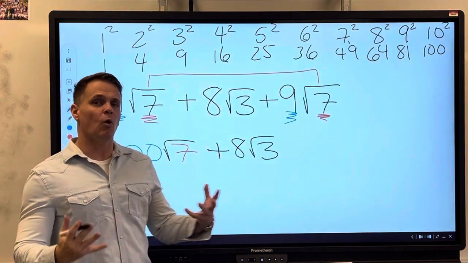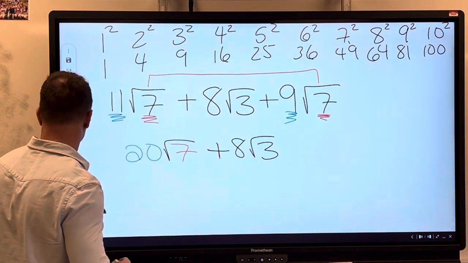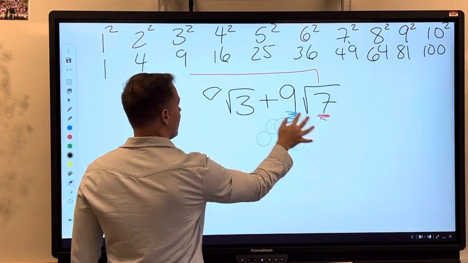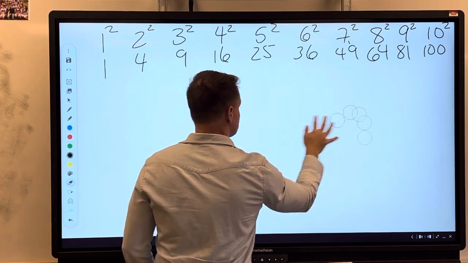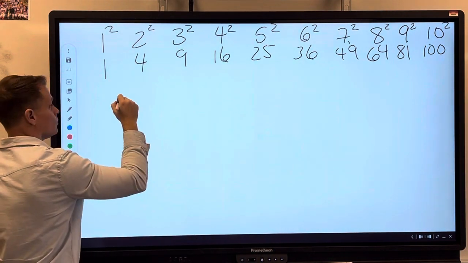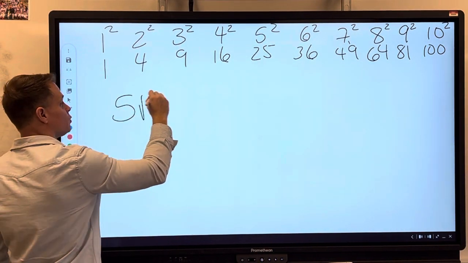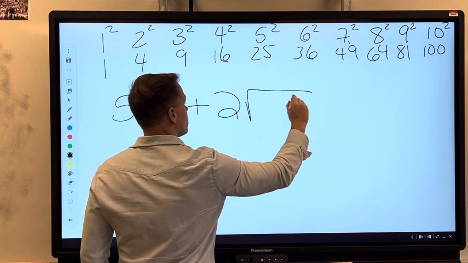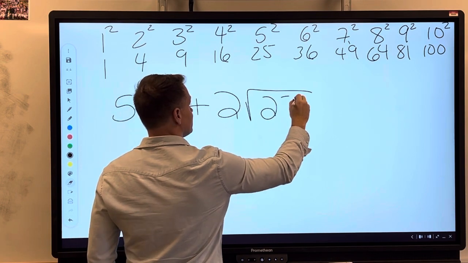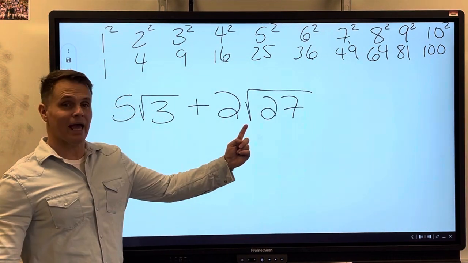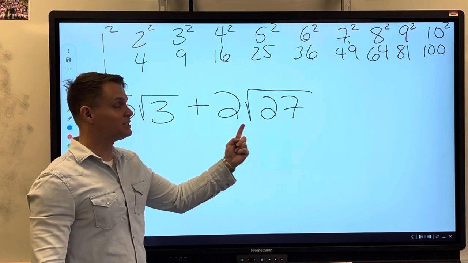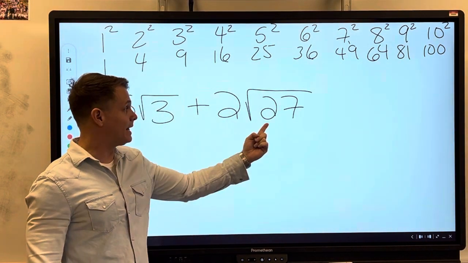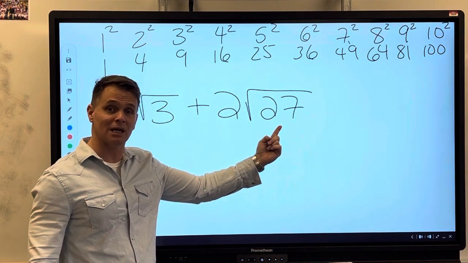Now to make this even more complicated, let's say now that we have inside of a radical symbol, let's say we have 5 times the square root of 3 plus 2 times the square root of 27. Now we have different numbers inside the radical symbol. I can't add them. However, I can simplify the square root of 27.